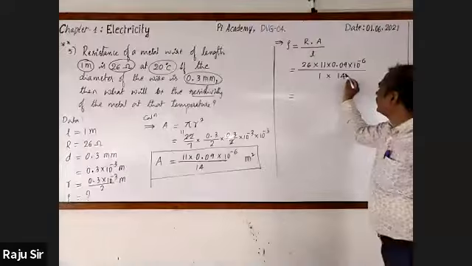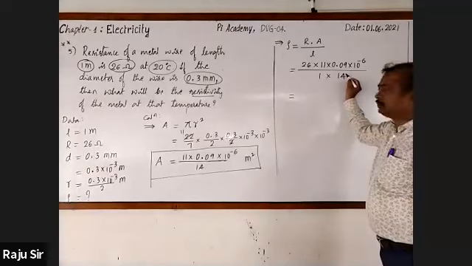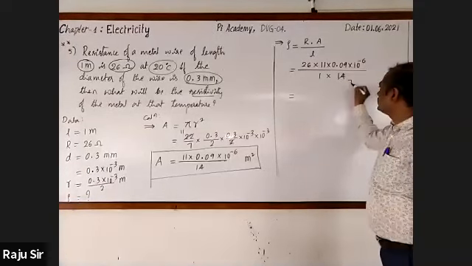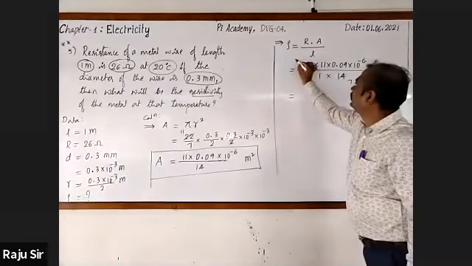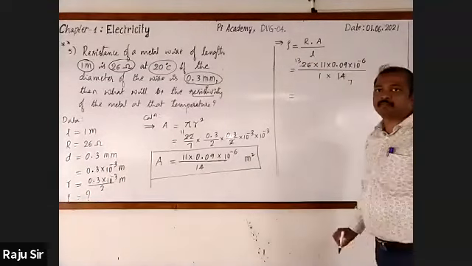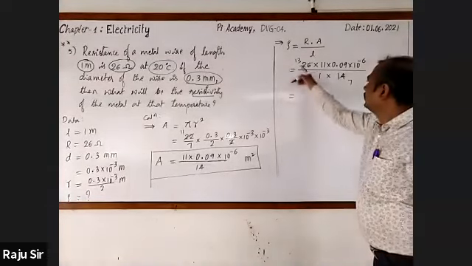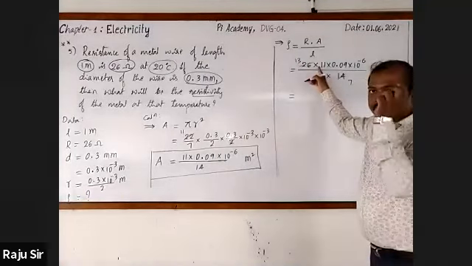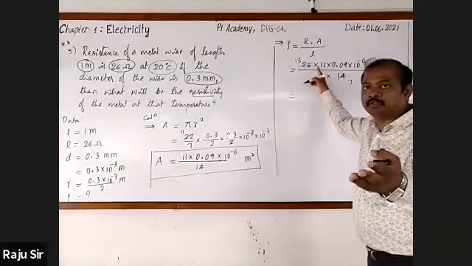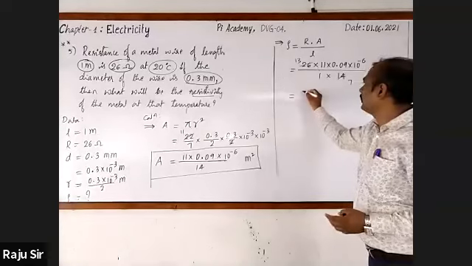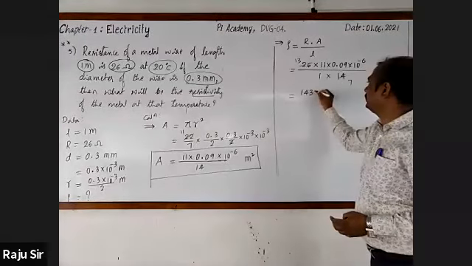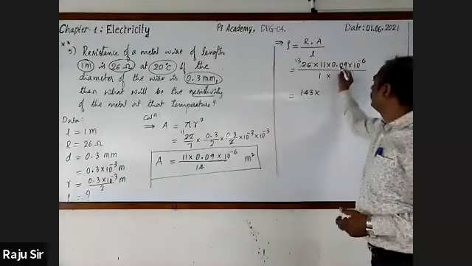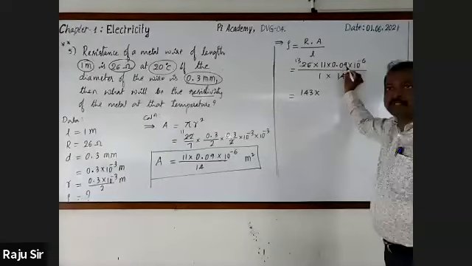Further simplification. Here we can go for cancellation. Here 2 sevens are 14, 2 13s are 26. Now here 13 11s are 143. Into here 0.09 is there.